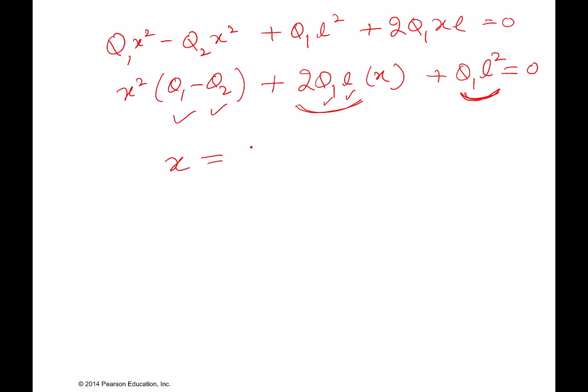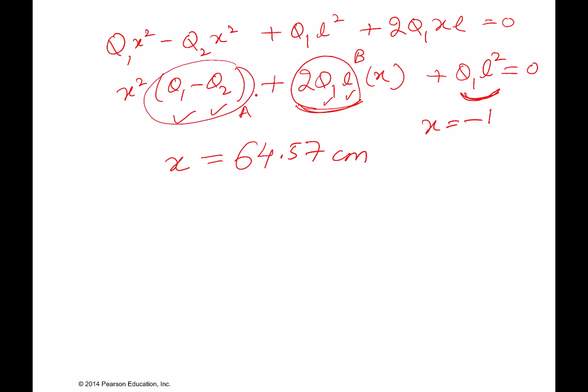The ideal one, the X position, is X equal to 64.57 centimeters once you work on the quadratic equation for X, which is minus B. This whole thing is your B, this is the coefficient A for the quadratic, and all of this is C. Once you substitute values and work on the quadratic equation, you'll end up getting X equal to 64.57, or we round it to 65 centimeters, or 0.65 meters.